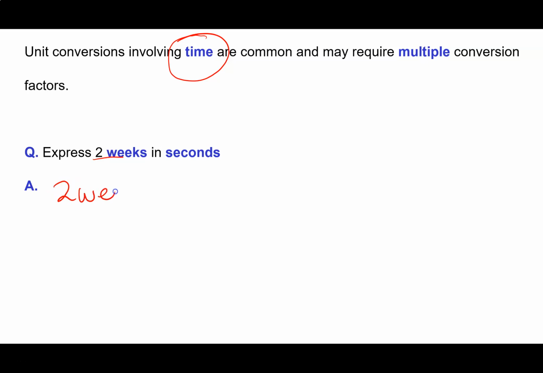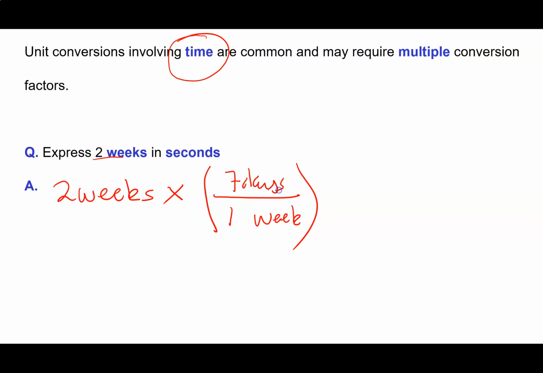They'd go 2 weeks, times, and you immediately put the fraction symbol, and you know that weeks are going to be on the bottom. Most people would know that in 1 week there are 7 days, and then we would go again and put days on the bottom.